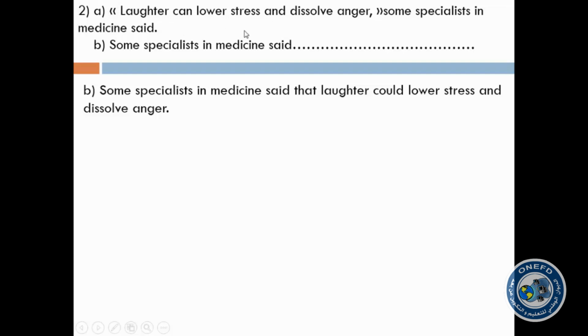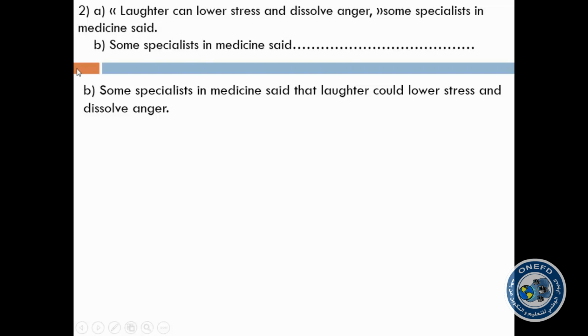What do we call this kind of statement when it is between quotation marks? We call it direct speech. You are required to rewrite sentence B in the indirect speech. It is the same meaning but expressed in another form.